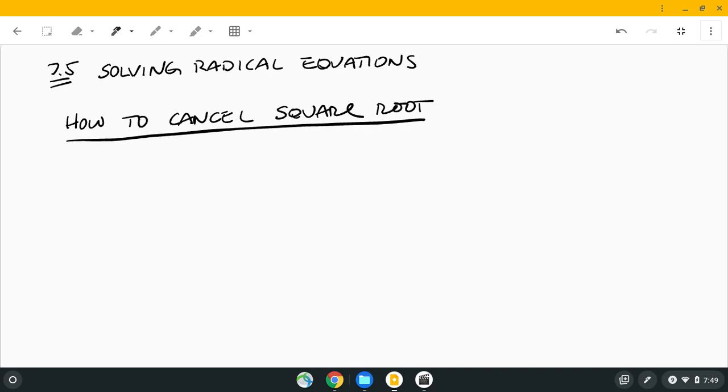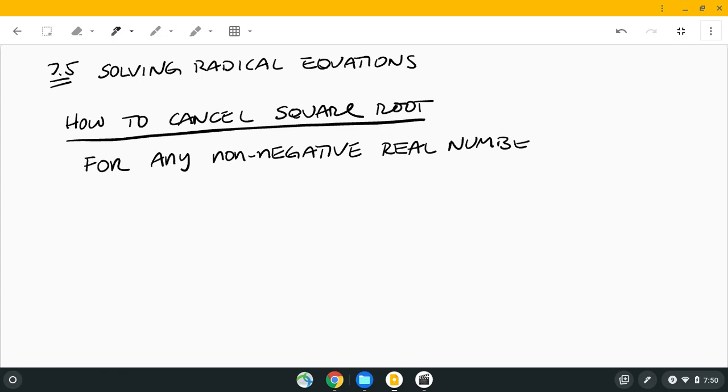Okay, so for any non-negative real number a, if you have the square root of a and I square it, then I end up with just a.